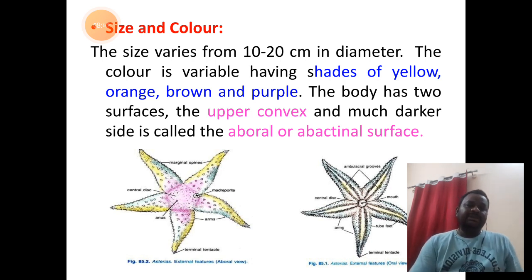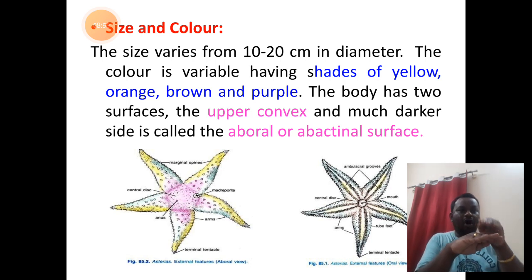Now, this pentamerous or star-shaped body has 2 surfaces. The upper surface is slightly convex and darker.